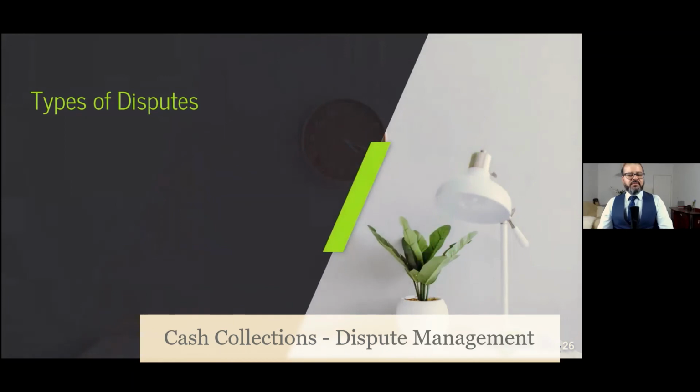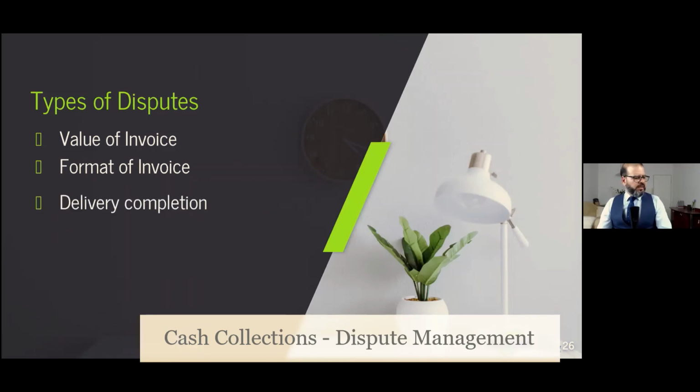But anyways, there are specific types of disputes that I will walk you through now quickly. Invoice values. If you recall my last session, we discussed these disputes in more detail as well. And format of the invoice, so maybe some language specific details, or probably some of the data explained over there, bank details or whatsoever.